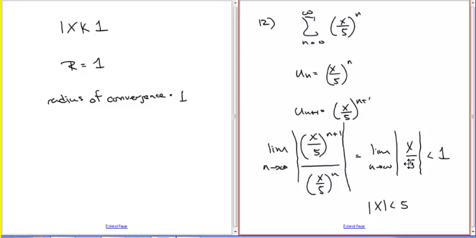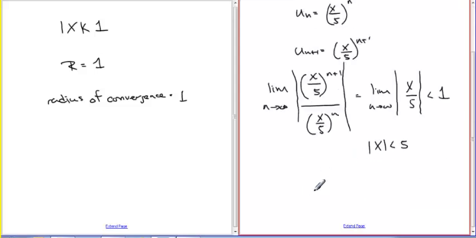So in this case, on number 12, the absolute value of x is less than 5, and so our radius of convergence is between -5 and +5. Okay, so now the question is, you have to check the endpoints.